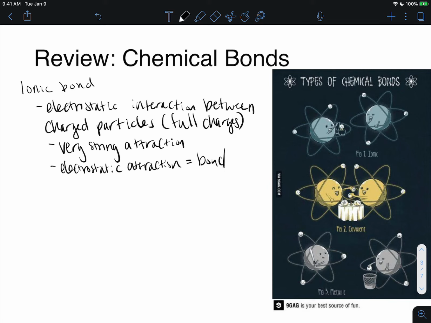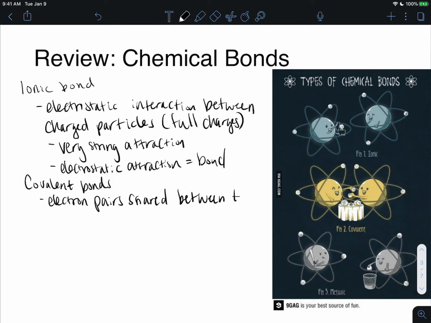Then we have covalent bonds. And our covalent bonds are when we share electrons in pairs between two atoms. And this can be one or more.